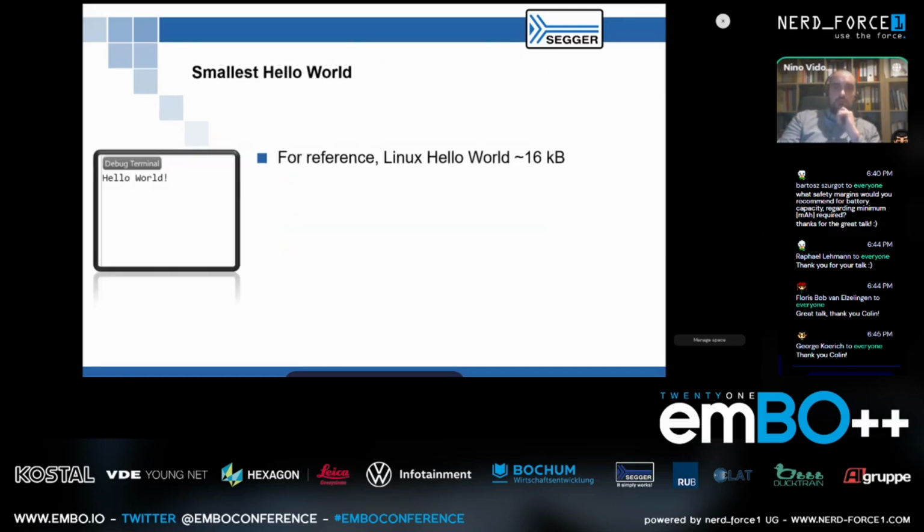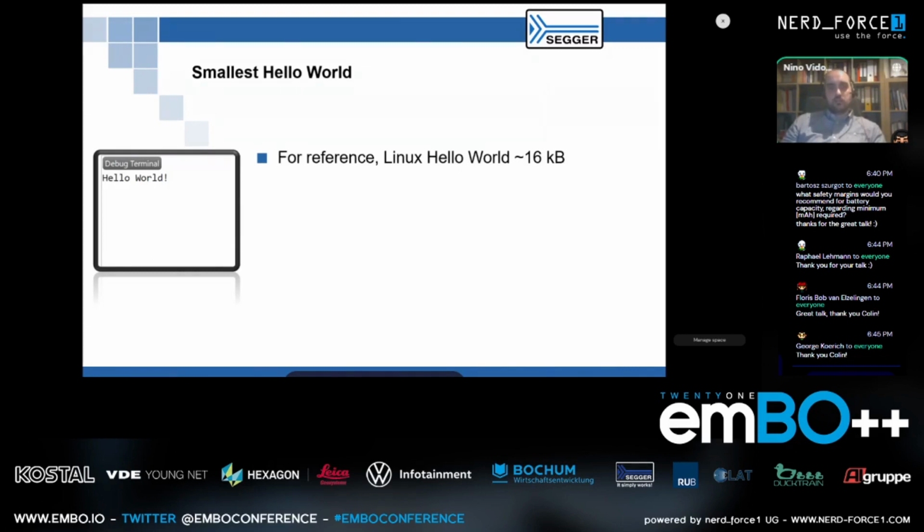So our first challenge that we put in front of ourselves was essentially, okay, how small can we go? How small can we get in hello world? This is, I think, the de facto standard application that anybody writes in any programming language and tries to get running on any host or target system.